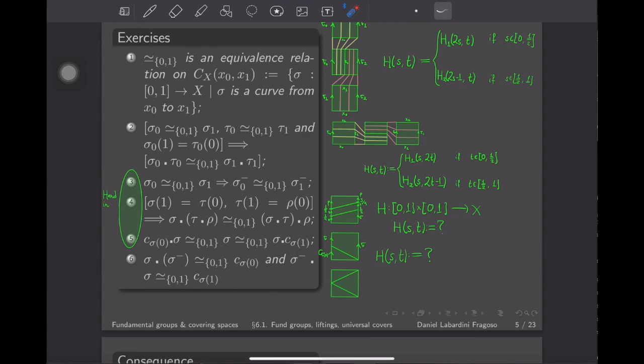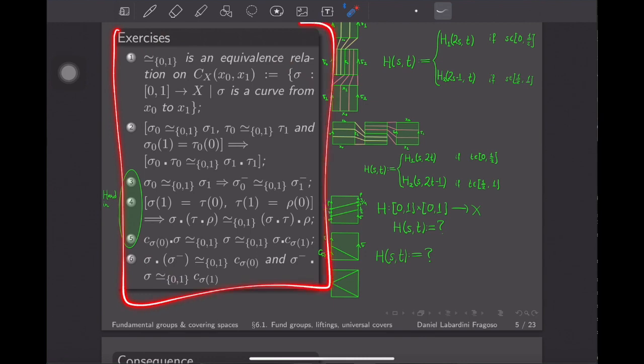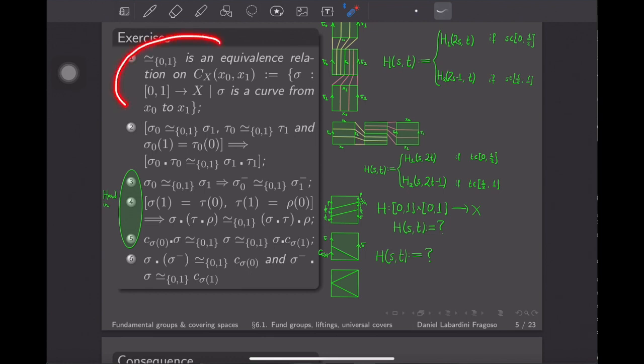And if you think about this, this whole sequence of facts means that on the set of equivalence classes of curves, given any 3 points, x0, x1, and x2, concatenation descends to a well-defined operation on the sets of equivalence classes.